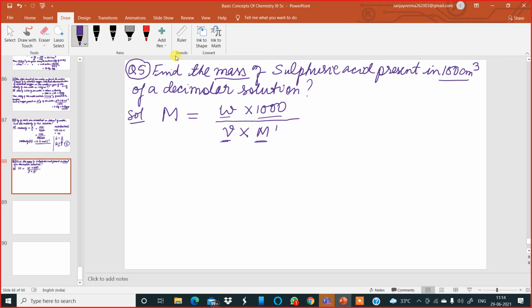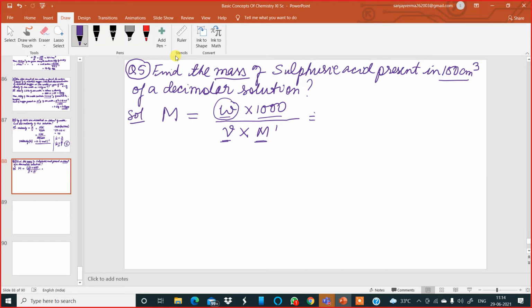Now we can just put the values directly in this formula. This is the formula for finding the molarity, but we already know the molarity of the sulfuric acid solution. They are telling us to find the value of small w, that is the mass of sulfuric acid.